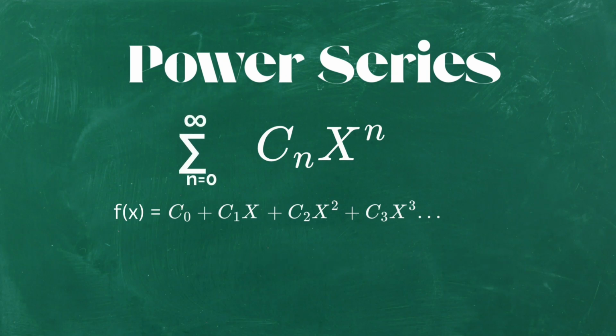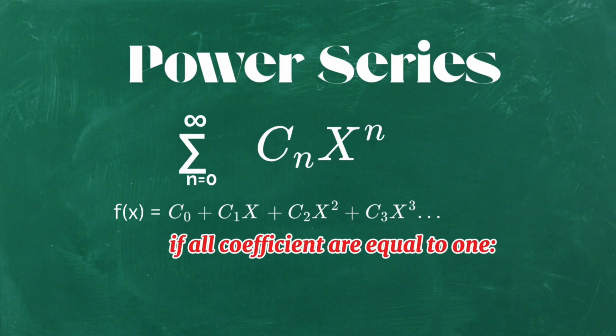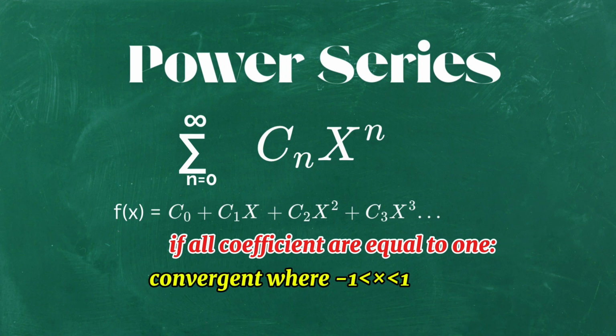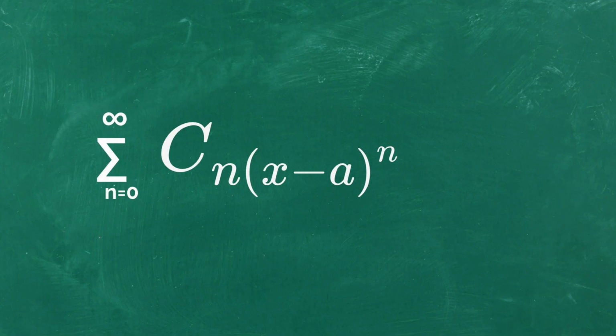Let's say we take this general form and we make all coefficients equal to 1. That would give us this geometric series here, which will be convergent where x is in between negative 1 and 1. We may also see power series in this form, where the binomial x minus a is being raised to the n power.